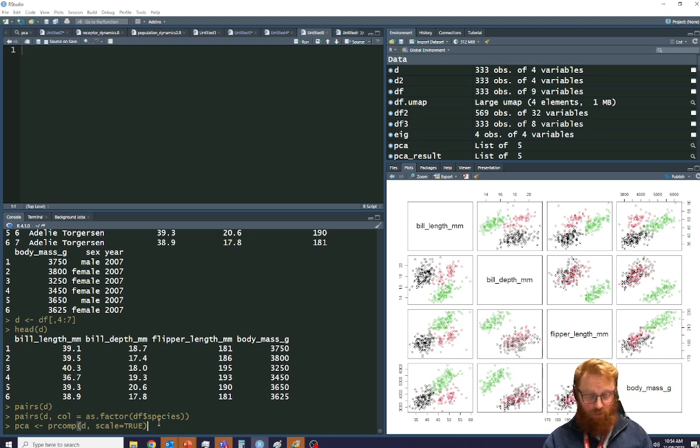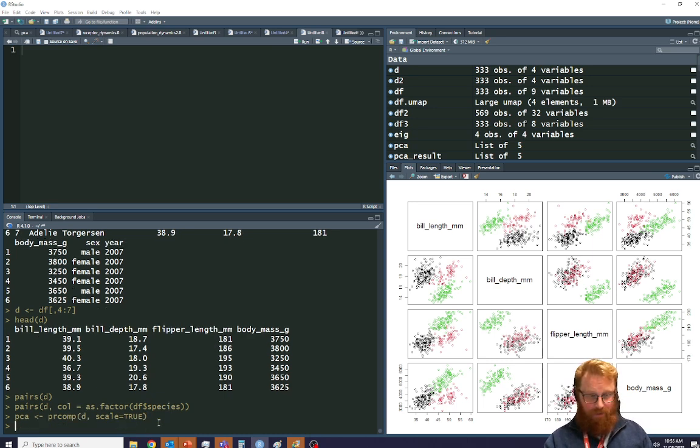It's called normalization or z-scoring, and it gets rid of the idea that one axis, one variable, one feature is more important just because it's got bigger numbers. We don't want the algorithm to think that. So we press enter, and it runs almost instantly because it's a very quick little algorithm. And so we've done our PCA.